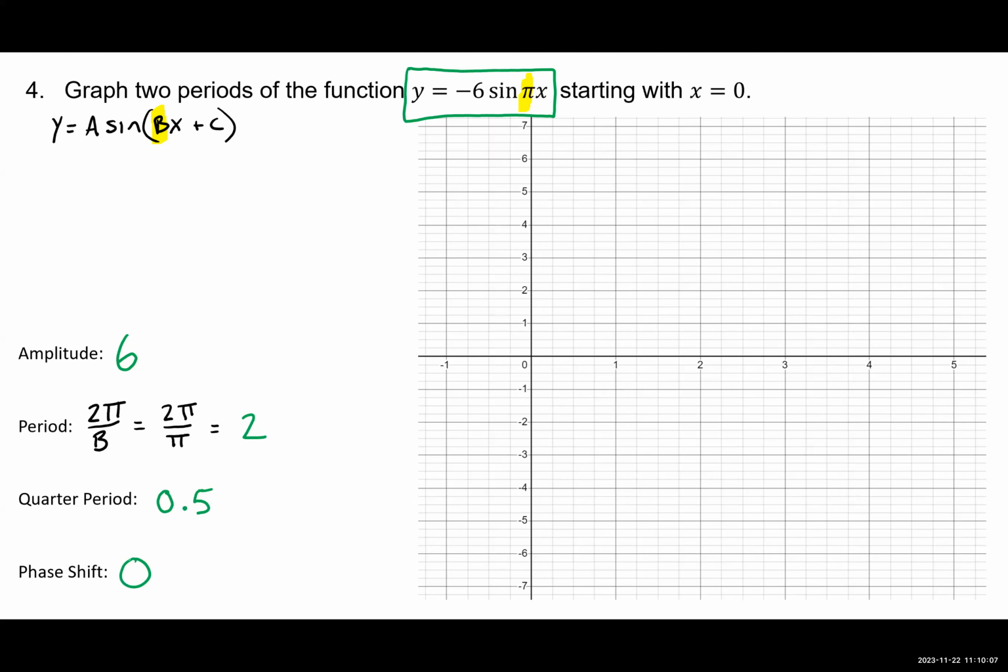And again, there's no phase shift in this problem. There's no plus or minus in the argument of the sine function. And so going back just to the shape, this is the shape of the graph of the sine function. It starts at 0, goes to the maximum, back to 0, down to the minimum, back to 0.